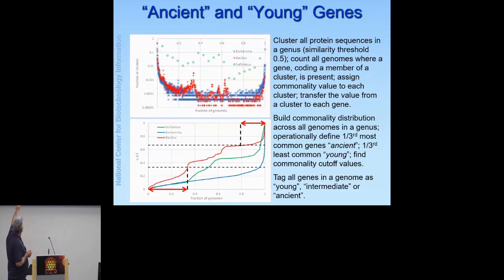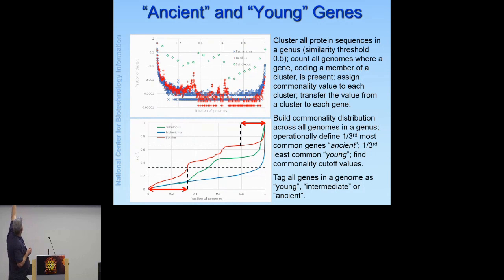Now, about the tags we are using here. This is a very well-known phenomenon that for whatever group of genomes, not necessarily microbial genomes, any eukaryotes, large viruses, if you look at the distribution of genes by the number of genomes or fraction of genomes they are present in, you get these U-shaped curves.